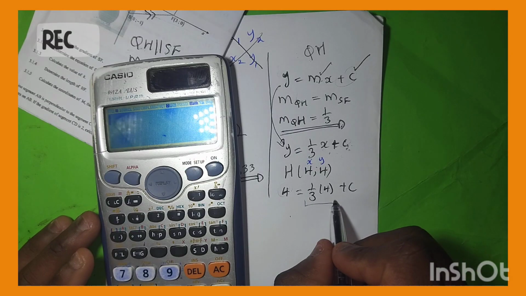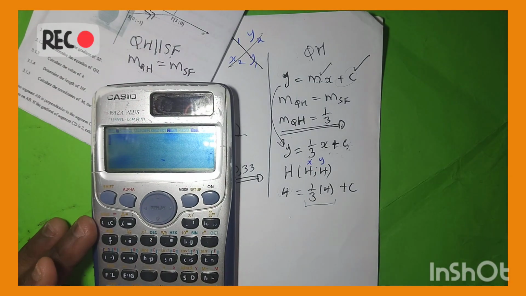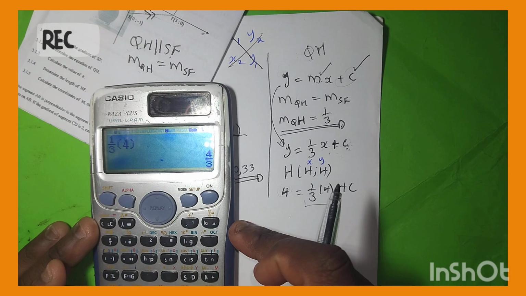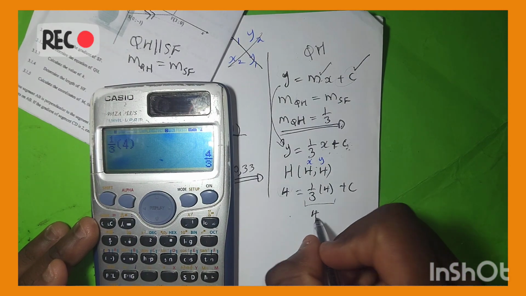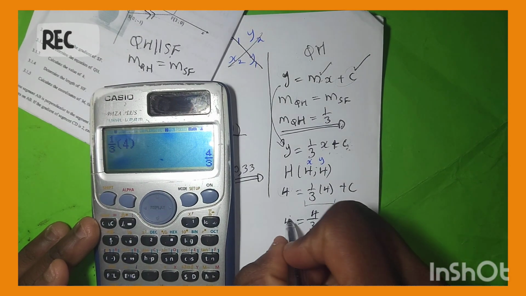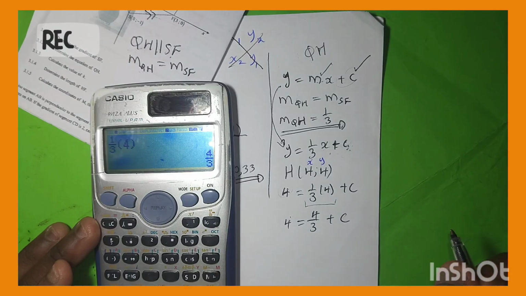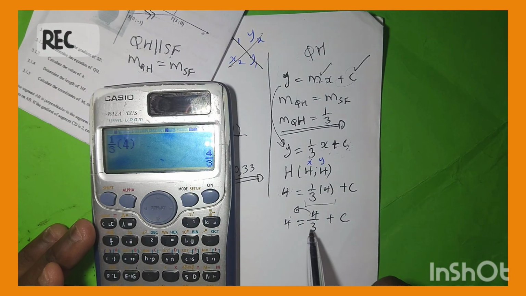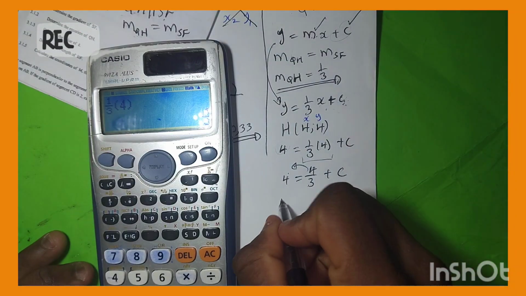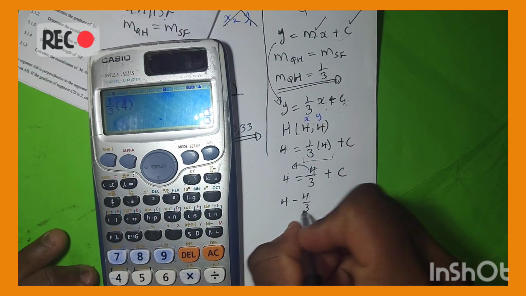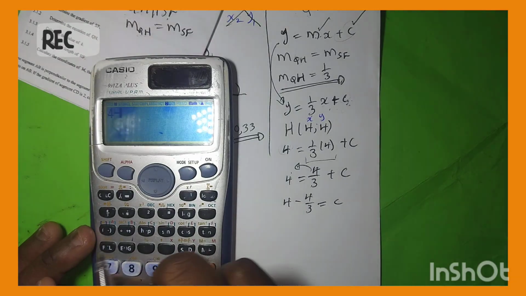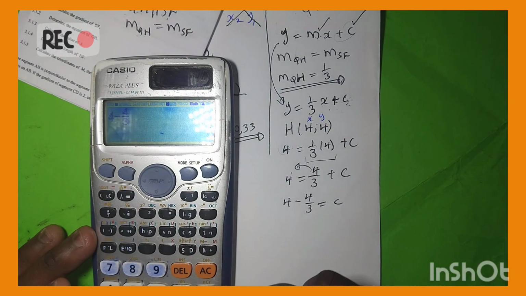We start by pressing on your calculator 1/3 times 4, so this will be 4/3. And here it's 4, equals 4/3 plus C. For you to solve for C, guys, you can take this to the other side, a number to a number, meaning 4 minus 4/3.